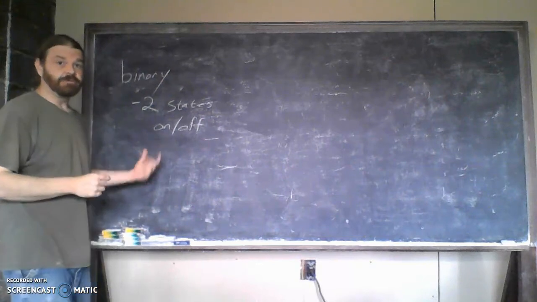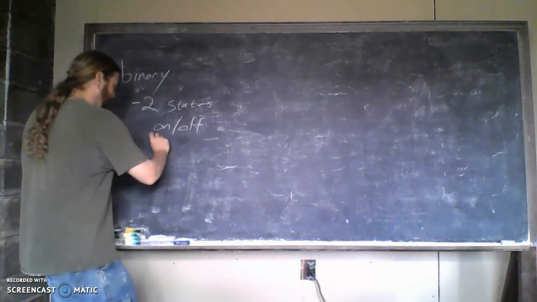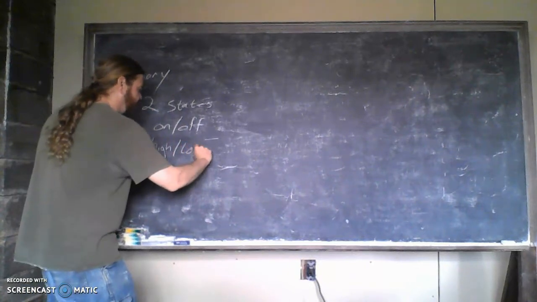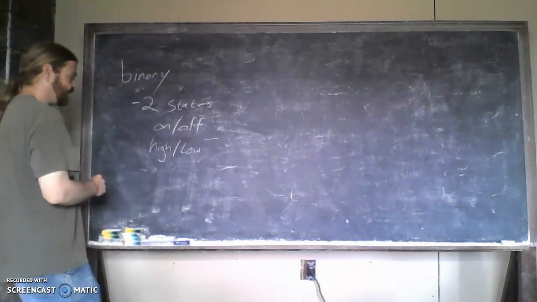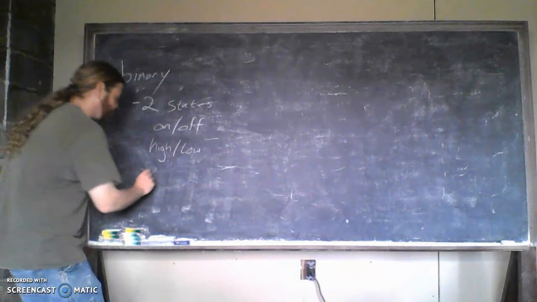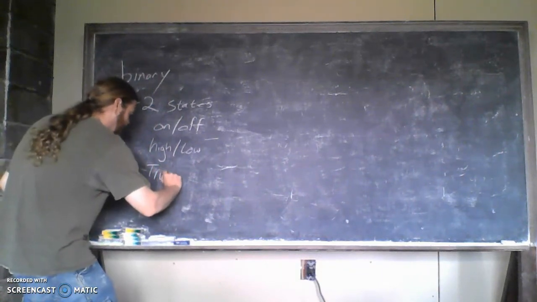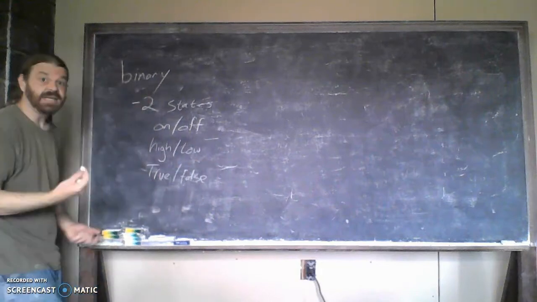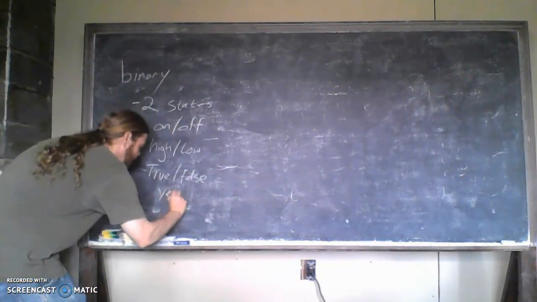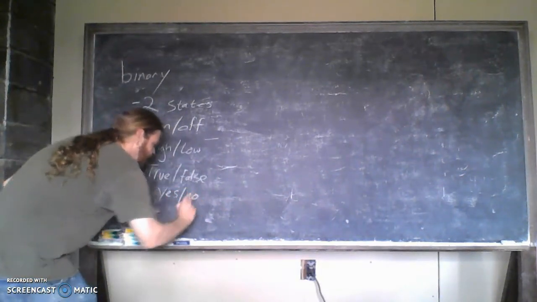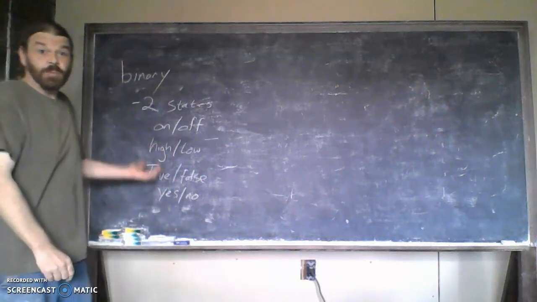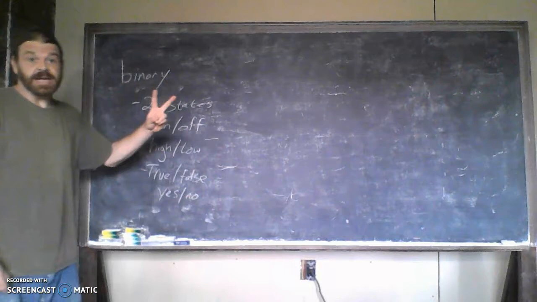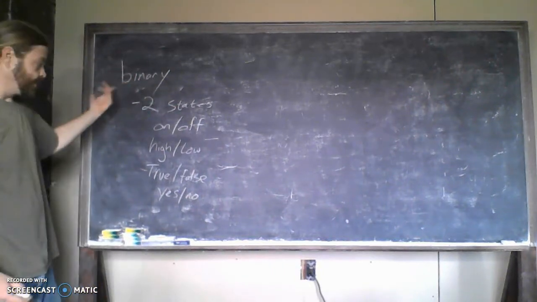That's typically how we're going to refer to it. More precisely, it would be high or low voltage. We'll talk about that here in just a second. True, false. Yes, no. The whole black and white world. It's one or the other. Two states. That's what binary means.